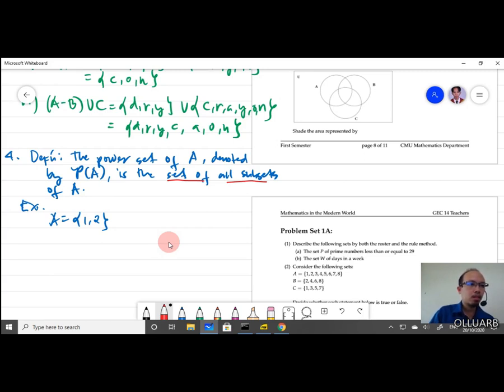The subsets of the set A are the following. We have 1, which is a subset of A. 1, 2 is also a subset of A.